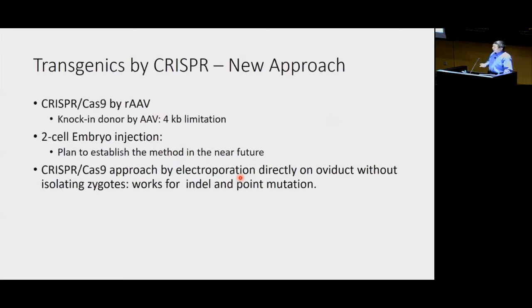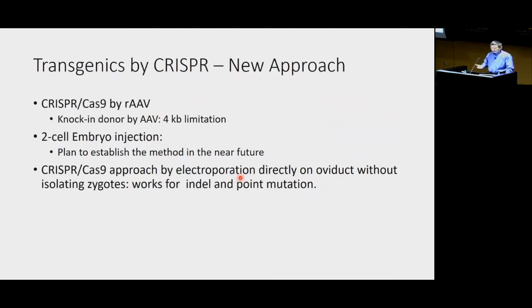That way, you don't even need to isolate the zygote, do the injection, and then transfer the zygote back to the mice. That entire procedure, you bypass. So it's very good, very exciting. Maybe one day you can do it in your own lab, there's probably some trick.